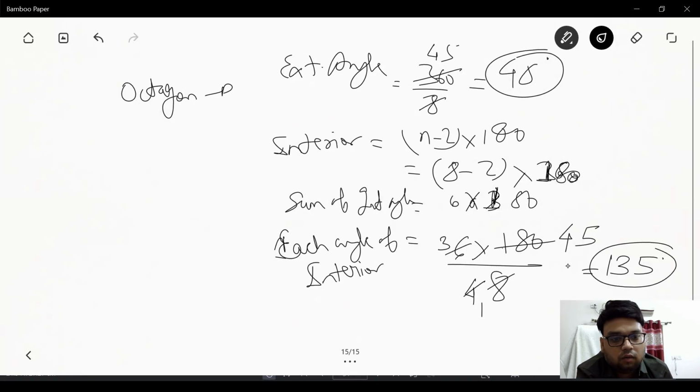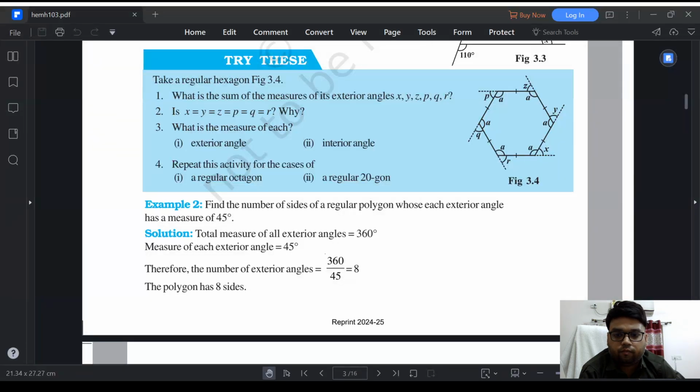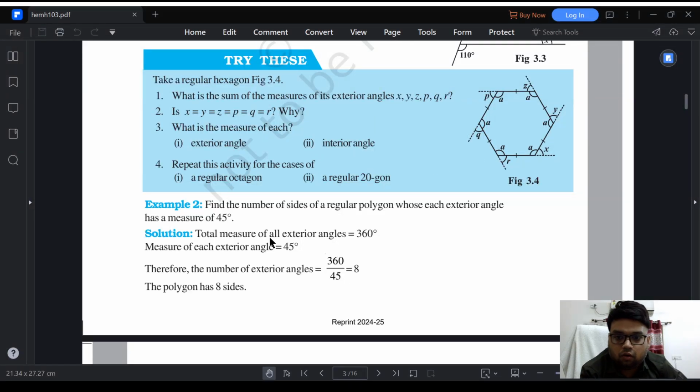Understand? This is the ultimate result of this question. What did they ask in the question? Look at your notebook: what is the measure of each exterior angle and interior angle? Simply, it is 45 degrees and 135 degrees for the octagon.